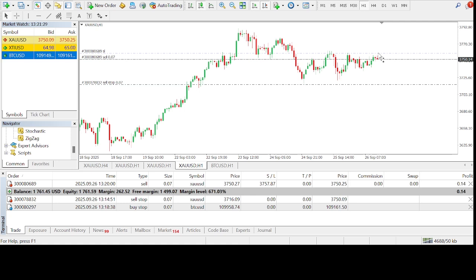So if you're a beginner, that's how you place your buy limit, sell limit, buy stop, and sell stop orders. I've also shown you how to place a stop loss order. We also have the trailing stop order. A trailing stop order is when you're already in profit.